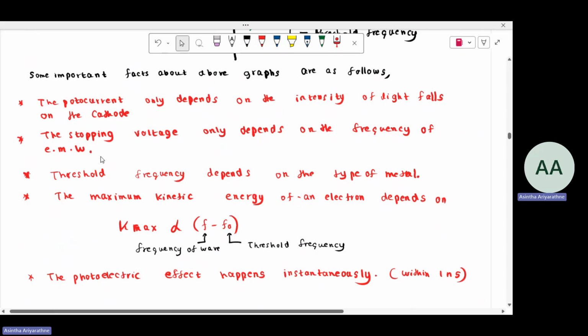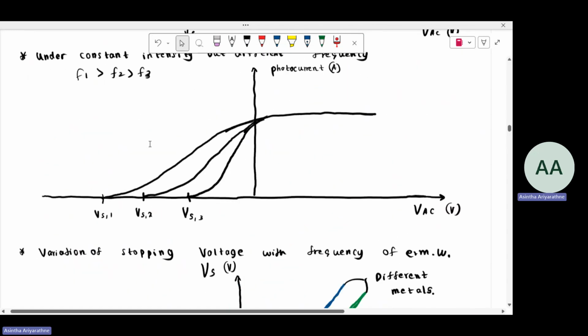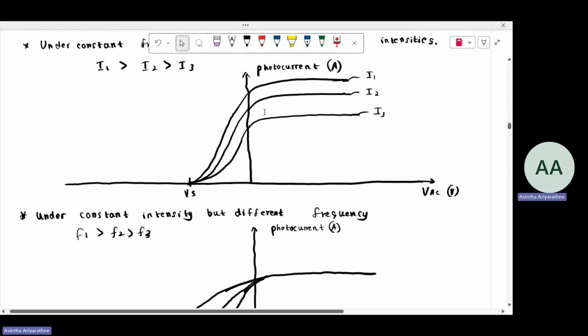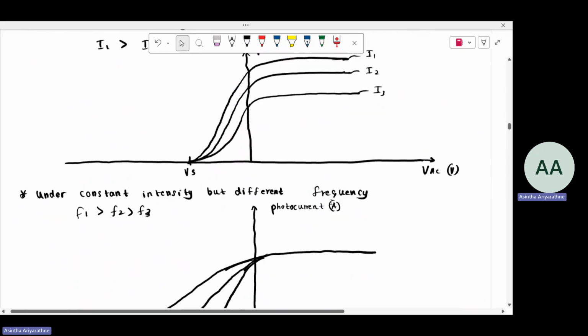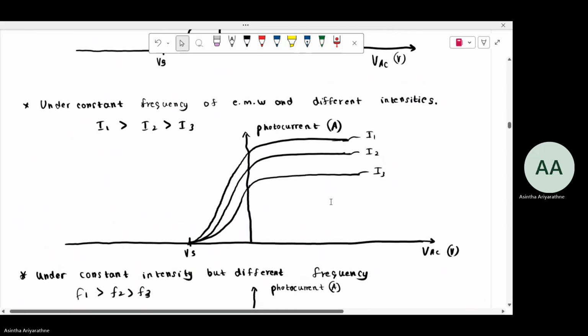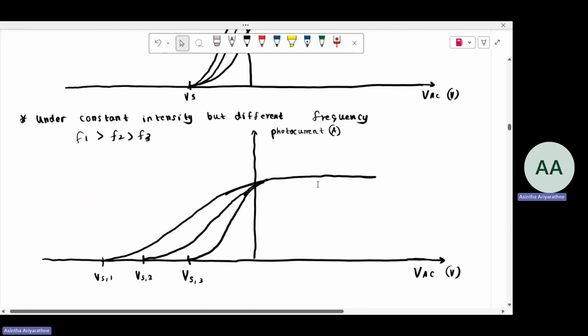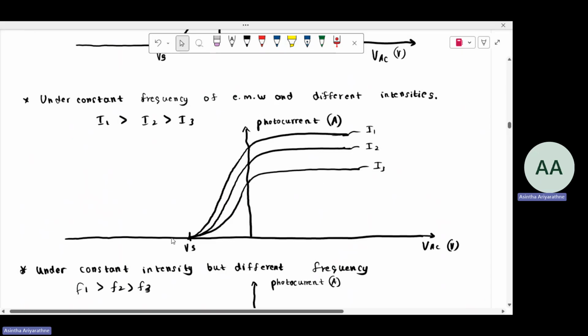In waves, the energy corresponds to the square of the amplitude of the wave. But here, although the intensity is increased or decreased, the stopping voltage, or the maximum kinetic energy of the particle, does not change.